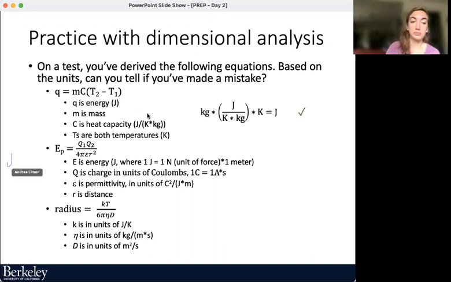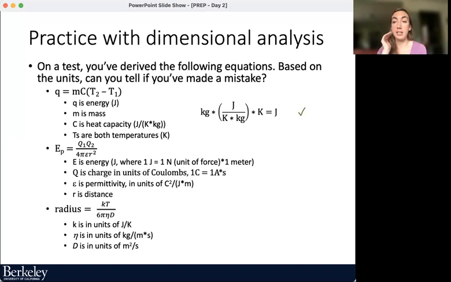So we're just taking the units of kilograms, joules per Kelvin times kilogram, and Kelvin. And we're manipulating those and we're ending up with joules. Because the units on the right simplify down to joules, then the units on the left are also joules, this equation works, it could be right.